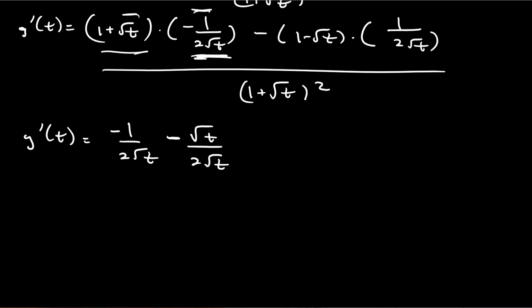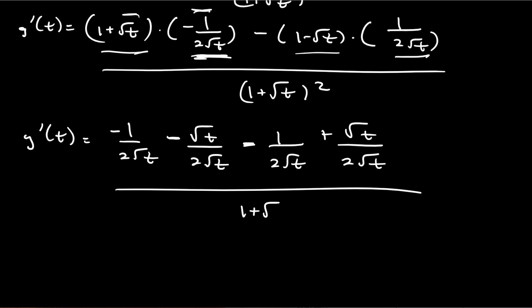Then we have a minus sign right here. So we have this term multiplied by this term is going to be minus 1 over 2 root t. And then we have a minus minus, that's going to give us a plus root t over 2 root t. And then we have our 1 plus square root of t squared on the bottom.